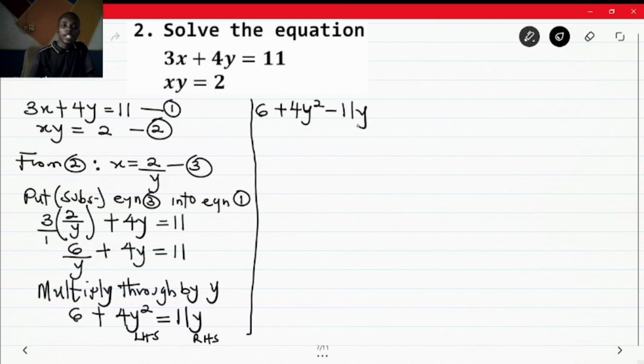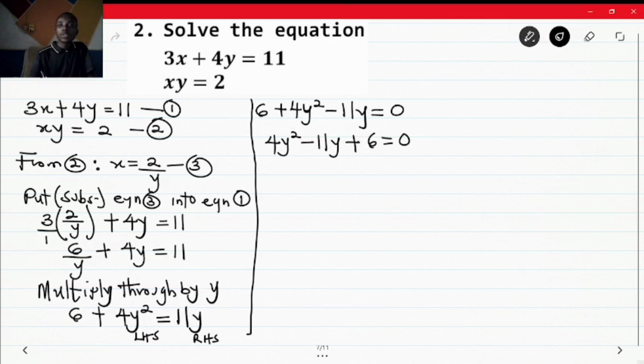Don't forget 11 is plus here, so when it goes over it will be minus, equals 0. So I have 4y squared minus 11y plus 6 equals 0. What I've done is just to bring them all together on this left hand side.